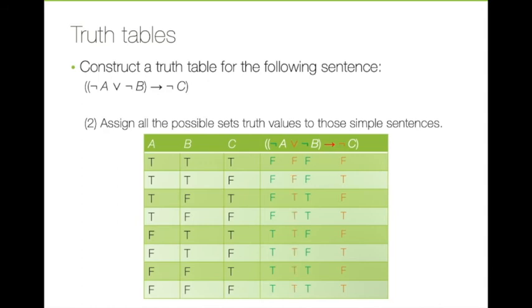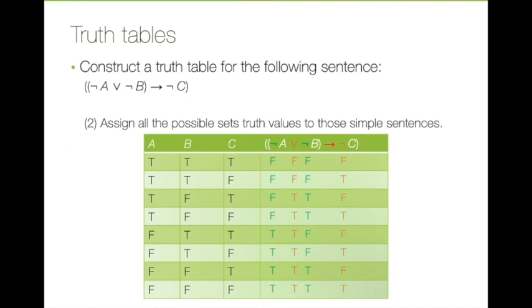So the truth value of the disjunction here is determined by the truth values of each of the disjuncts, which are the negations we've already determined in green. For the first row, for example, the disjuncts are both false, not A and not B. So the disjunction, that orange letter under the disjunction symbol, is going to be false.